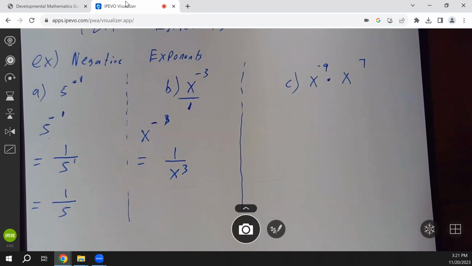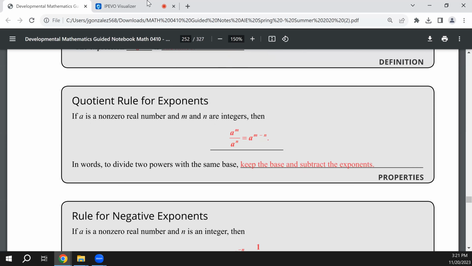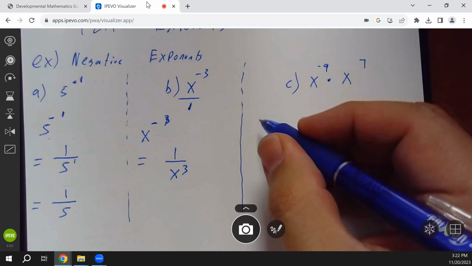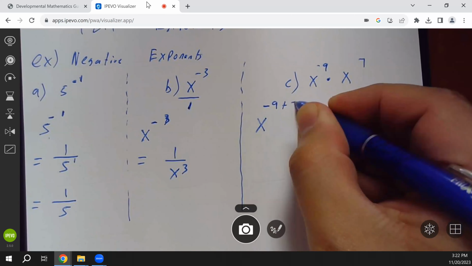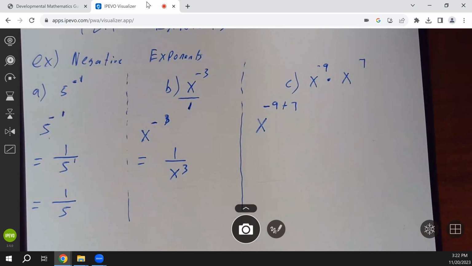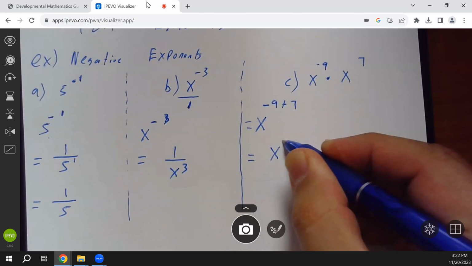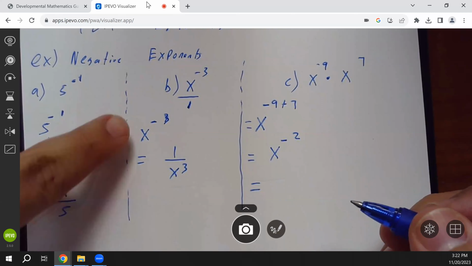Very beginning. They're the same, you add them, but it's negative, right? So I guess you'd be adding a negative, which is kind of like subtracting. So you would keep the base, just add them together. That's it. It's -9 plus 7. -2. How do we deal with this negative? And we do the same thing that we did here, right?